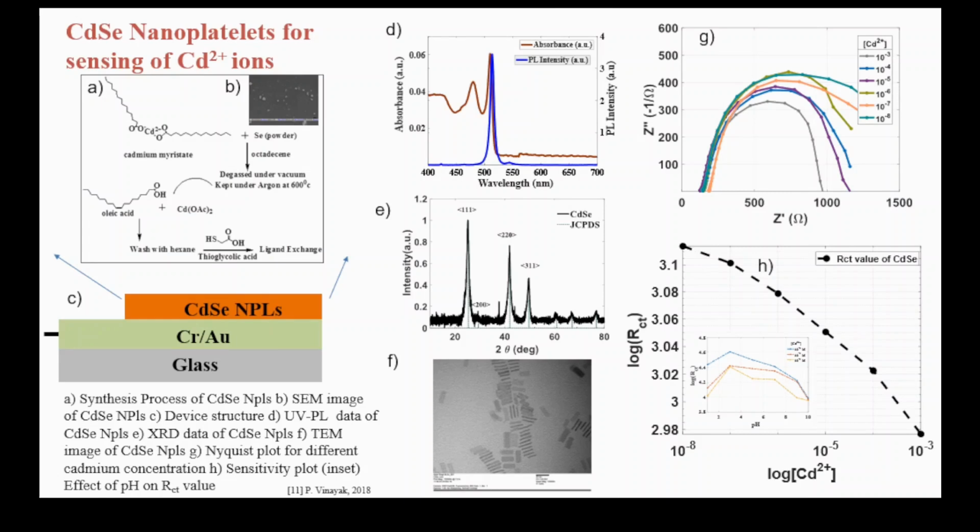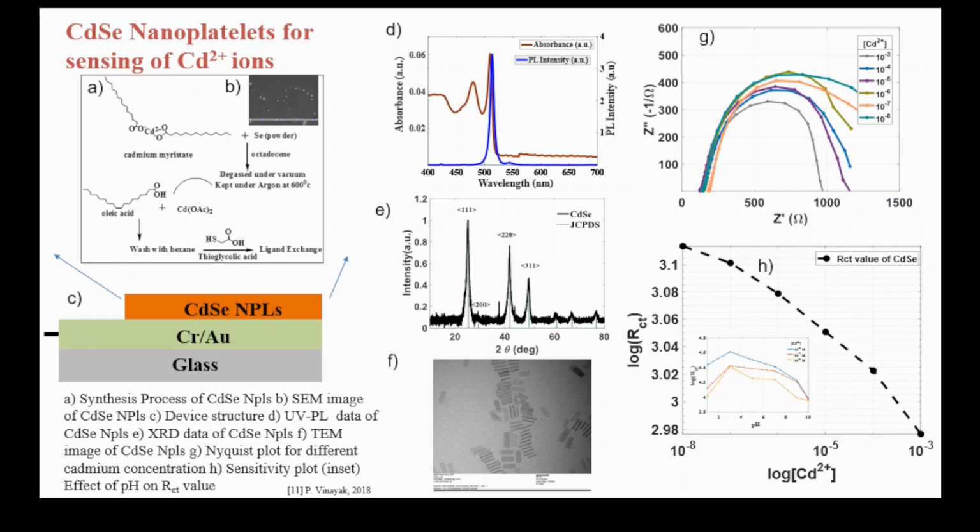In this case you see that I don't see much on the y-axis, but my change on the x-axis is very high. This is because there is an interaction between cadmium ion and the CdSe nanoplatelet, and they are getting attached over the nanoplatelet and changing its resistance.